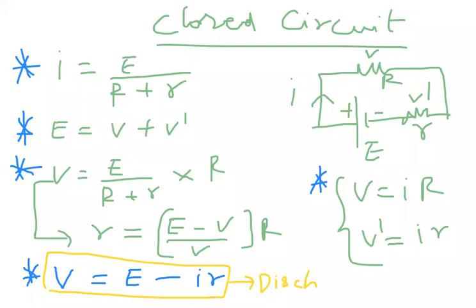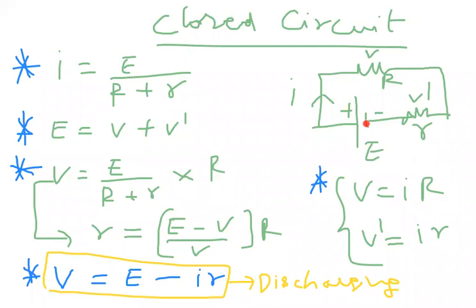Here you observe the direction of current. Outside the cell, it is going from positive to negative. Inside the cell, current is flowing from negative to positive. Outside the cell, positive to negative; inside the cell, negative to positive. Like that, current is flowing here.